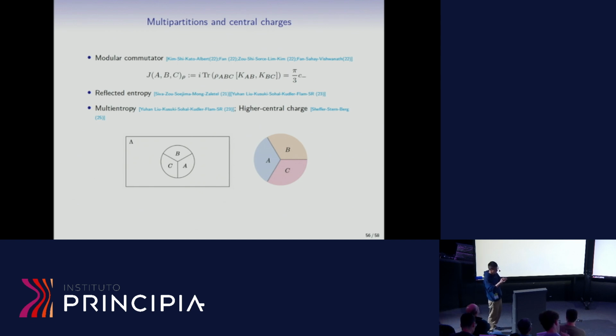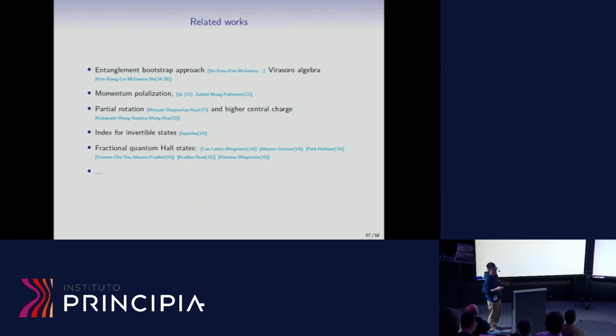And then there are a lot more results. Maybe it's diverging, but there are a lot of results I just want to mention. There's a lot of related work from John on the entanglement bootstrap approach, and there's also the relation to the extraction of the central charge and even the Virasoro algebra from the wave function of topological liquid.